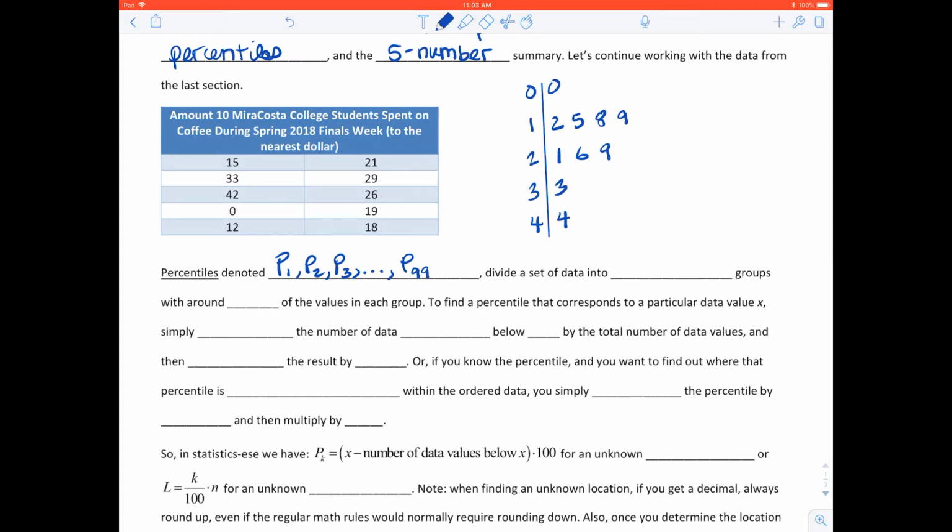If I have a line and I split it in half, I've made 2 intervals, right? So you always have one more interval than you have the number that you use to split them. So anyway, this will divide a set of data into 100 groups with around 1% of the data values in each group.